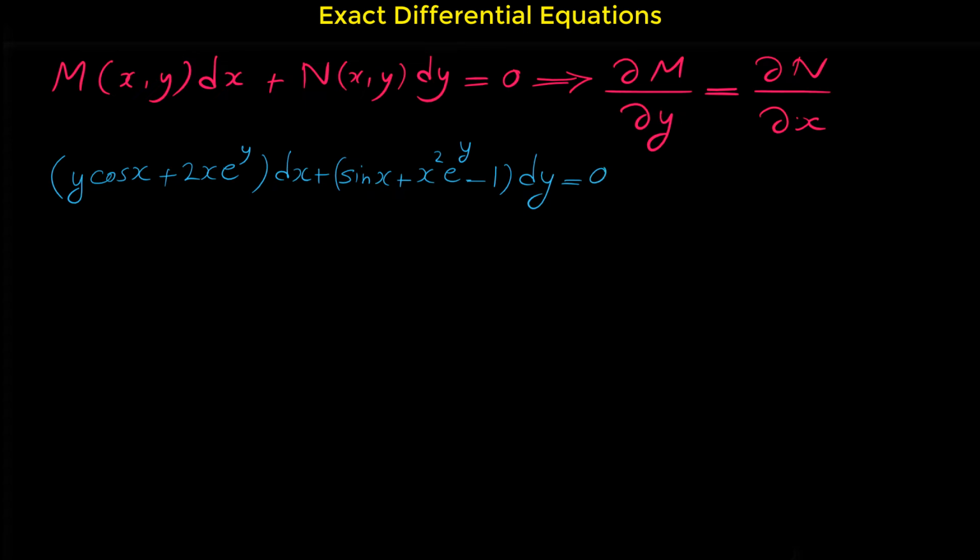The first thing that we have to do here is to make sure that this differential equation is an exact differential equation. In this example, this expression is M. Note that M is the coefficient of dx. So M in this example is this expression and N, the other function, is the other bracket. This bracket is M and this bracket is N.